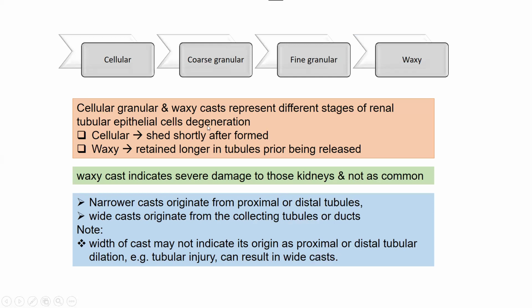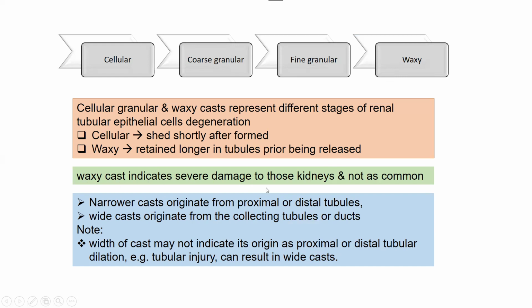If the time for degeneration is less, it will be coarse. If the time increases, it will convert to fine granular, and then if there is severe degeneration, it will result in waxy cast. So cellular cast is shed shortly after it forms, but waxy cast is retained longer in tubules prior to being released. I hope you have understood this.